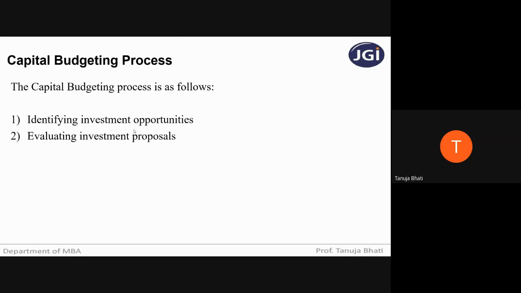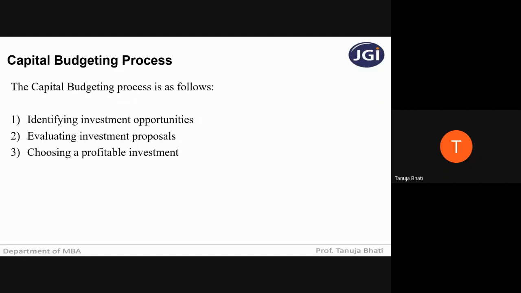There will be multiple ways in which the company can acquire that particular product. Either it can manufacture the product itself, like in-house manufacturing, or the manufacturing can be outsourced to some other person, or they can directly purchase this product from the market. So next is evaluating that investment proposal, that is, how that particular opportunity can be actually acquired by the company, through which means. So the second step is evaluating investment proposals.